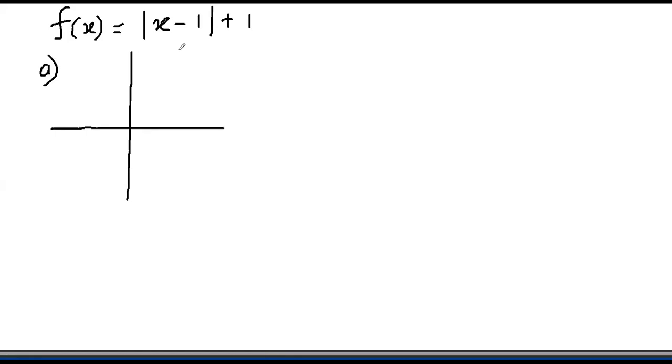Now we can consider some example. f(x) is given equals modulus of (x minus 1) plus 1. Then first we have to sketch f(x). First we can consider f(x) equals modulus x.